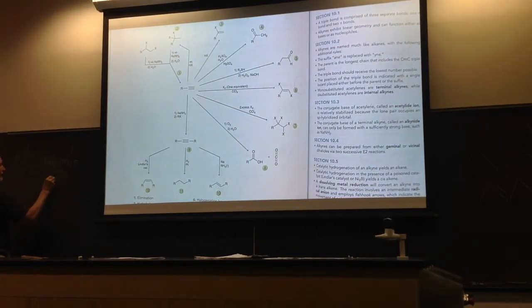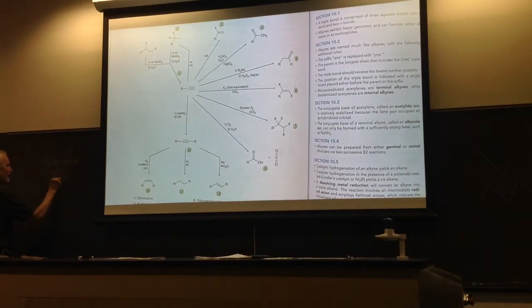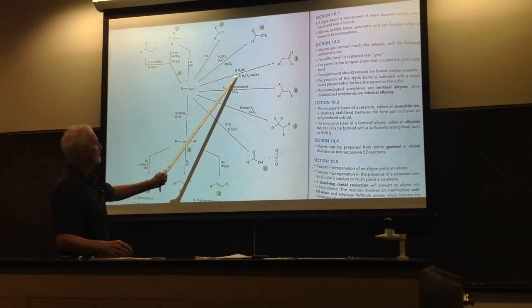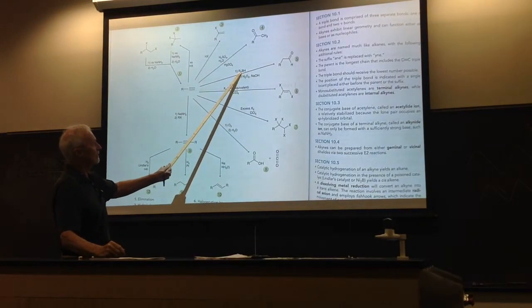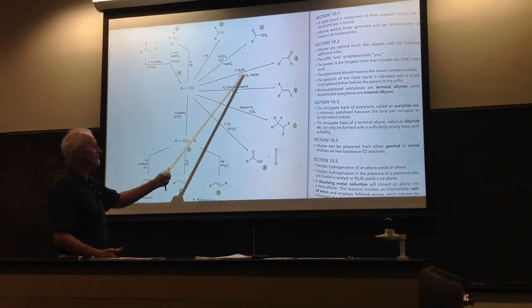In step number 2, you add sodium hydroxide and hydrogen peroxide, and you get addition of hydrogen and OH. Notice if it's a triple bond, instead of using BH3, they use BHR2. It's just a minor little difference.